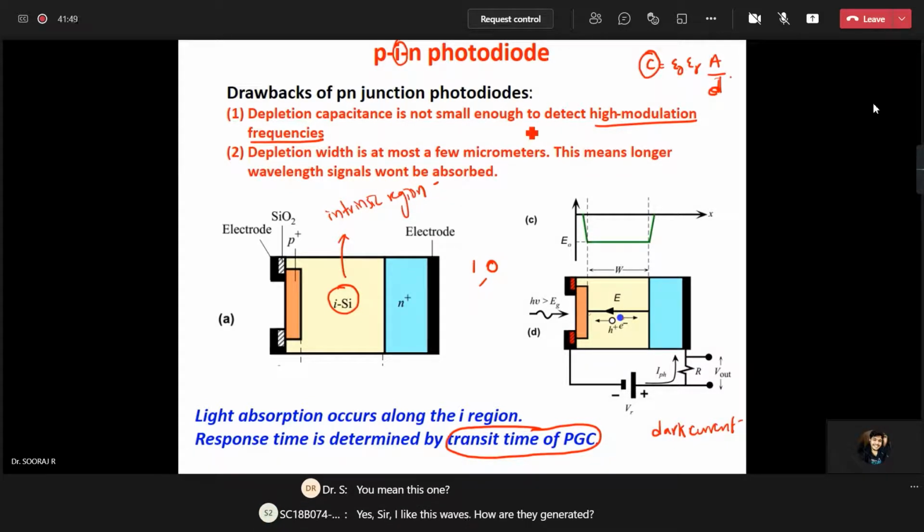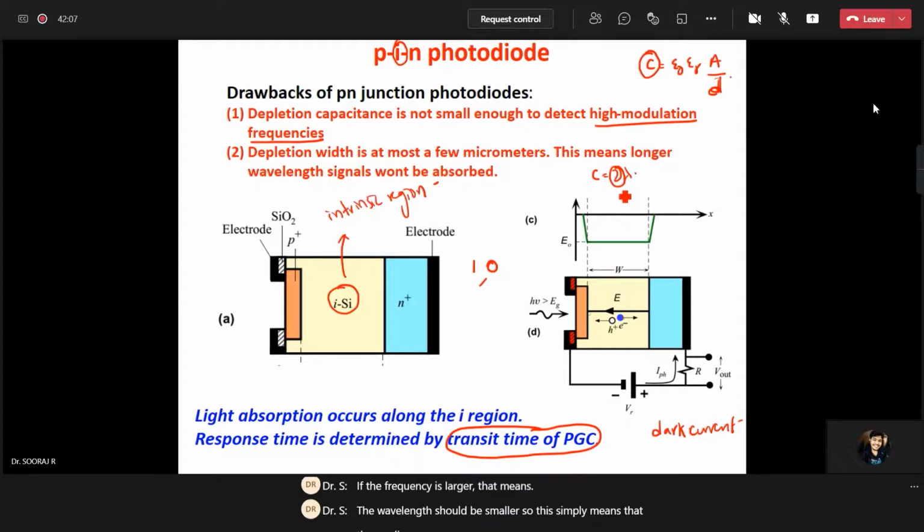So this simply means that you can just look at this relationship. C is equal to nu lambda. If nu is large, if the frequency is larger, that means the wavelength should be smaller. So this simply means that the smaller wavelength signals would be difficult for us to detect.